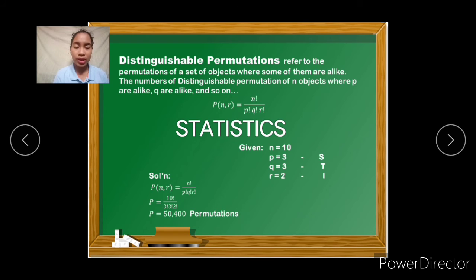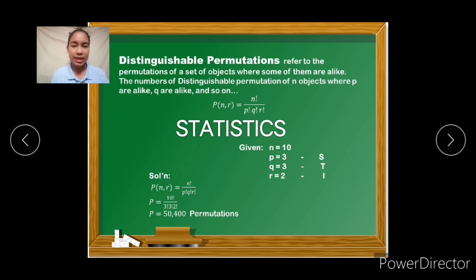Okay, so again, in the word statistics, we have 10 letters. So let us list all the given. For our n, we have 10. The value for our p is 3 for our S because there are 3 S's. The value for our q is 3 for our T. And the value for our r is 2 for our I. So our formula is permutation of n objects taken r at a time is equal to n factorial over p factorial, q factorial, r factorial.